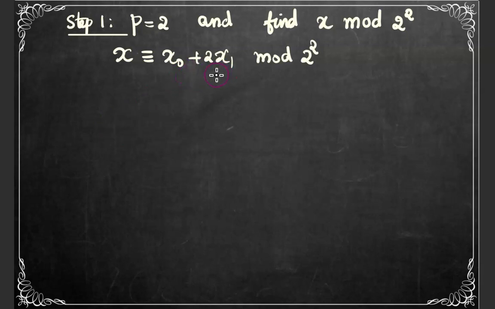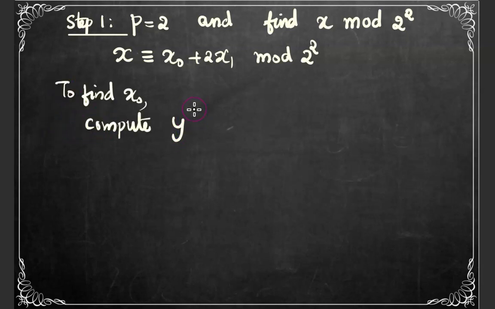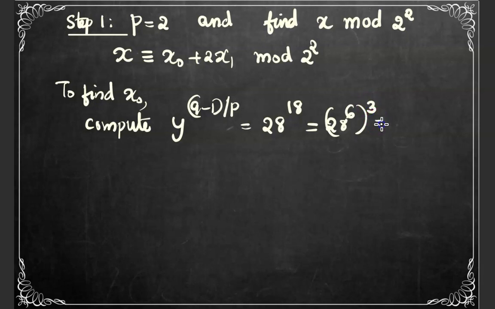We will need to determine x0 and x1. To find x0, according to the algorithm, compute y raised to q minus 1 by p, which is equal to 28 raised to 36 by 2, that is 18. This is equal to 28 raised to 6 whole raised to 3 also, and we can see that 28 raised to 6 is congruent to 10, and so this quantity will be congruent to 10 raised to 3.